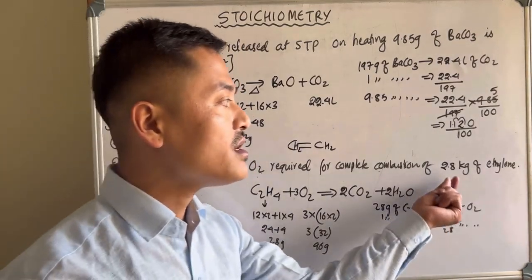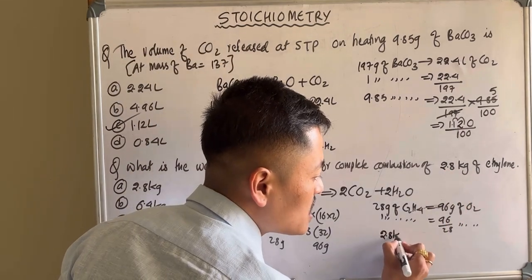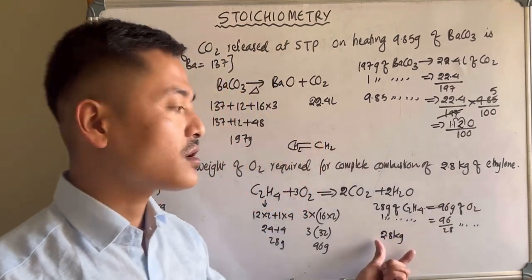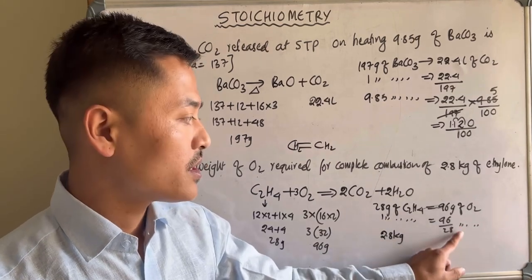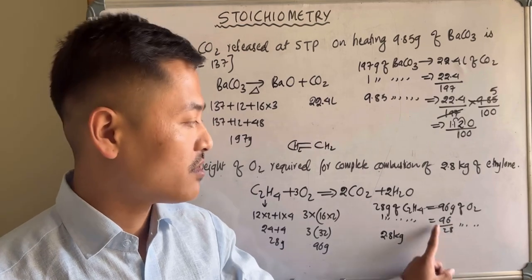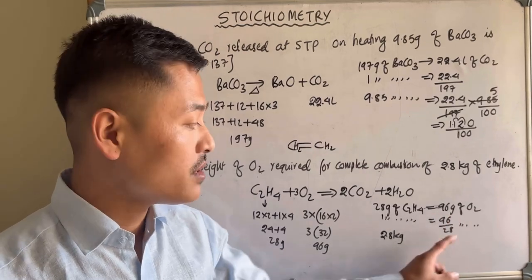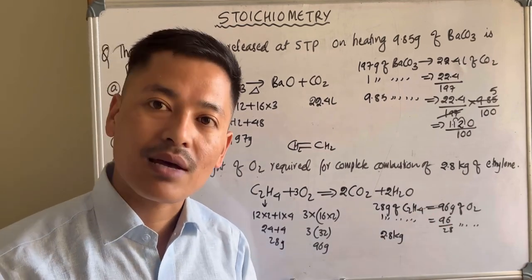Okay, now how much ethylene are you taking? 2.8 kg. Now it is not necessary to convert the unit, because 96 is in gram and 28 is also in gram, so gram and gram simply get cancelled. It will be a unitless number, and if you multiply this with 2.8, the answer will be in kg itself.